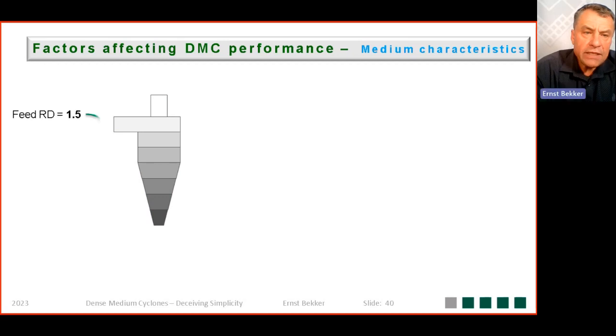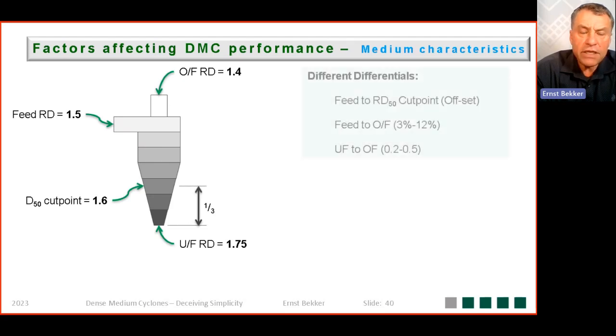This difference in densities we use then to calculate differentials. So in this example, we've got the various densities, we've got the cut density. So the differentials that we can look at is the feed to cut density cut point, which we often refer to as the offset, feed to overflow differential, which should range between 3% and 12%, and then the underflow to overflow differential.